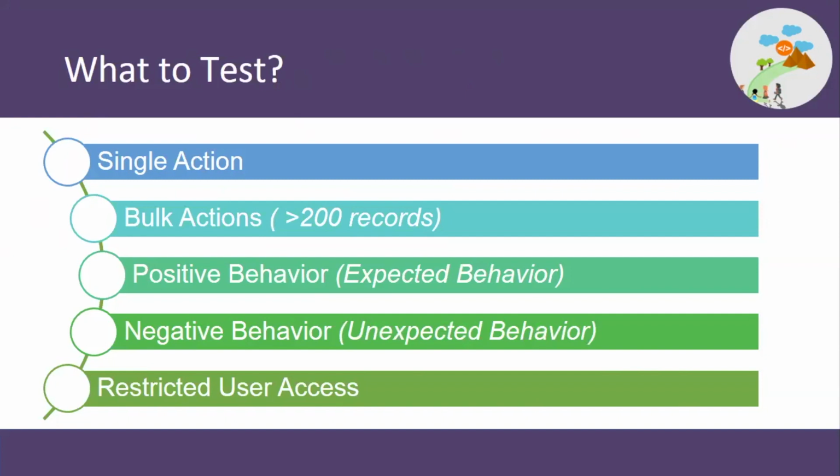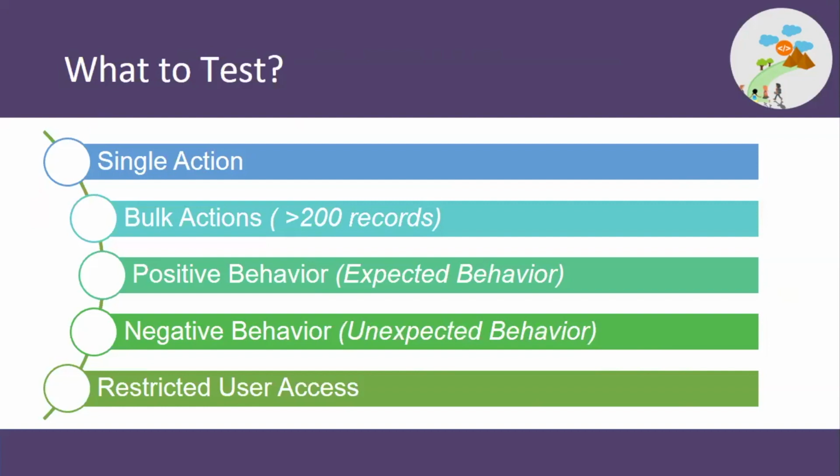One is of course the single action, which refers to the manipulation of a single record, or if you've got a form, whatever that form is supposed to be doing, that's what you test. But beyond that, there are some key aspects which we will talk about.